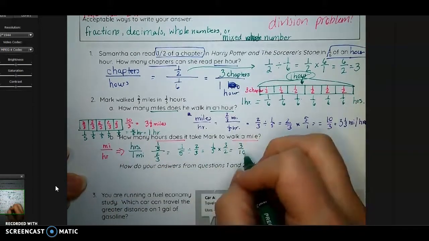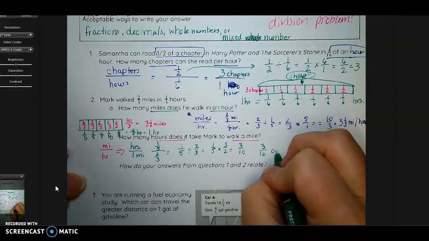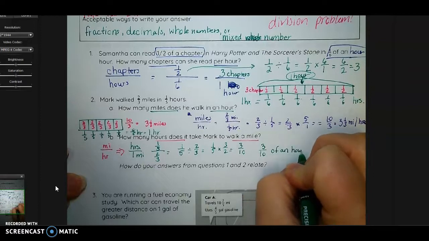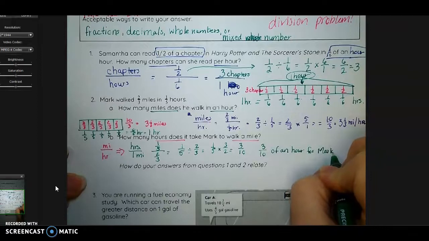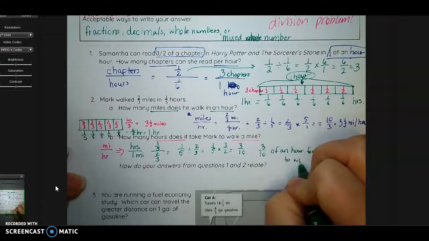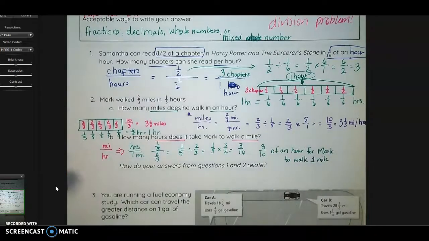So that means that it takes 3/10 of an hour for Mark to walk 1 mile. And 3/10 obviously is much shorter.